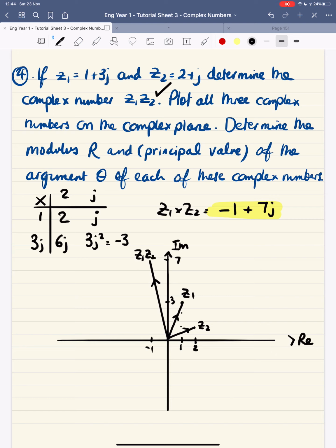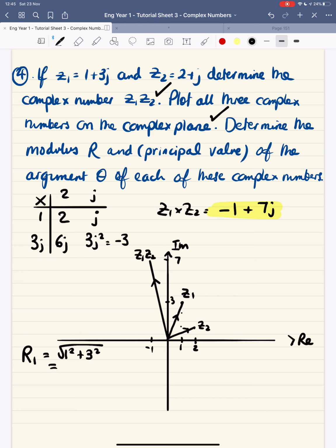Okay, so plot all numbers on the complex plane. Done. Determine the modulus r and principal value of the argument of each of these complex numbers. So r of z1 is the square root of 1 squared plus 3 squared, because that's z1.